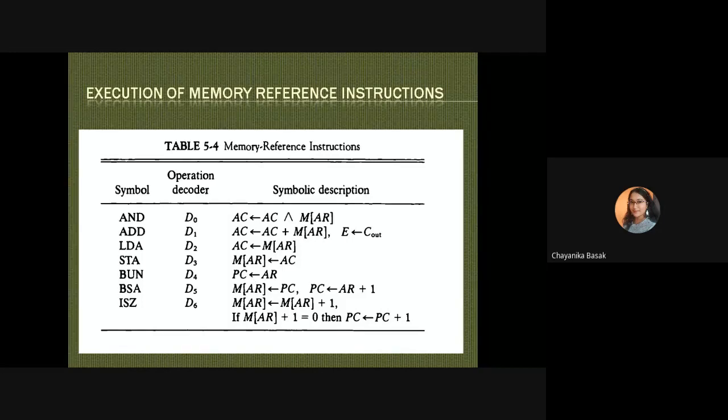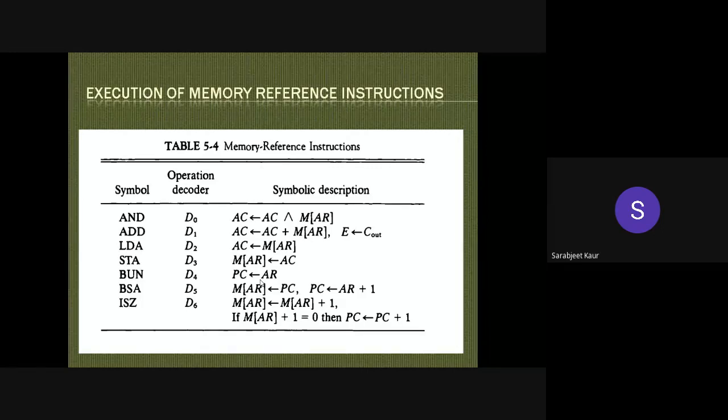So what does this address represent? In case the opcode was BUN, then the address in the address register represents the address where you want to jump. Okay, we will just see this with the help of an example.